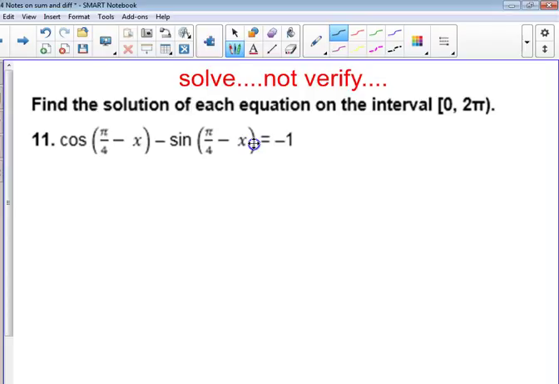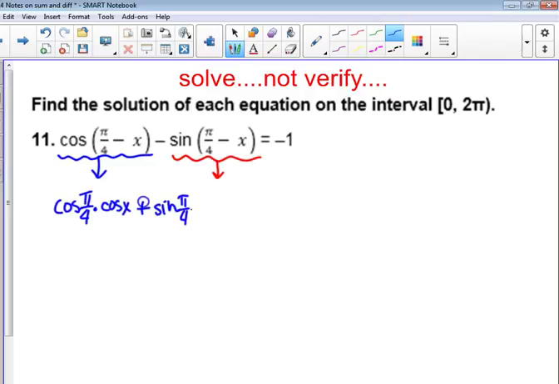This is solve, not verify. It turns out pretty in the end, but it's going to be kind of painful to get there. We need to expand this, and I'm going to do it in blue. And we need to expand this, and I'm going to do it in red. We can do this. Cosine A minus B is cosine times cosine plus sine times sine.